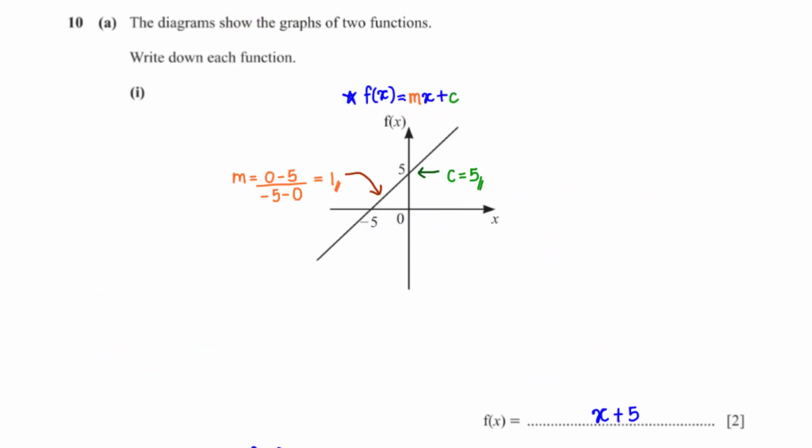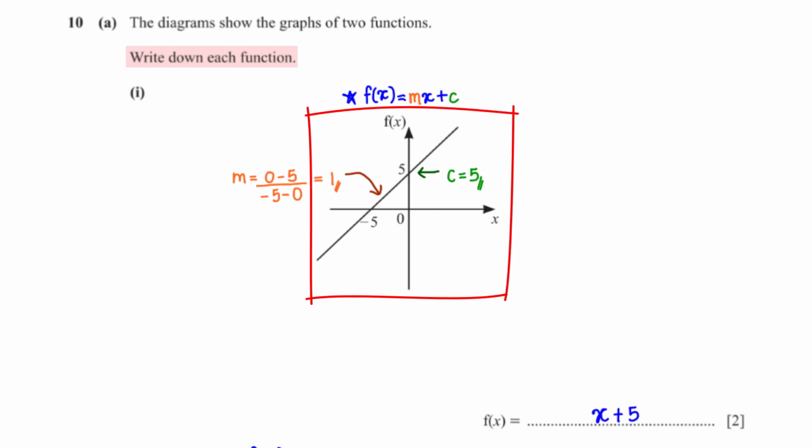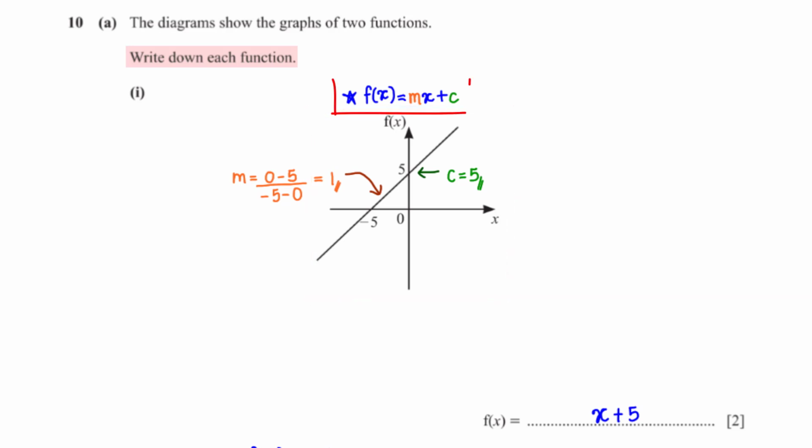The diagram shows the graphs of two functions. Write down each function. This function is a straight line, which can be expressed as f(x) equals mx plus c. The value of c is the point where the line crosses the y-axis, and that is 5.